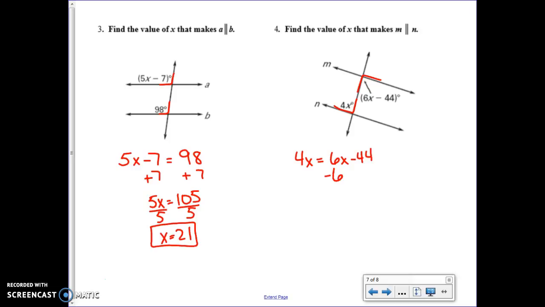So I'm going to move 6x over so that I leave something on the left side, and I have negative 2x equals negative 44. I'm going to divide by negative 2 on both sides. So x equals 22. Again, only asking for x, so we're done right there.